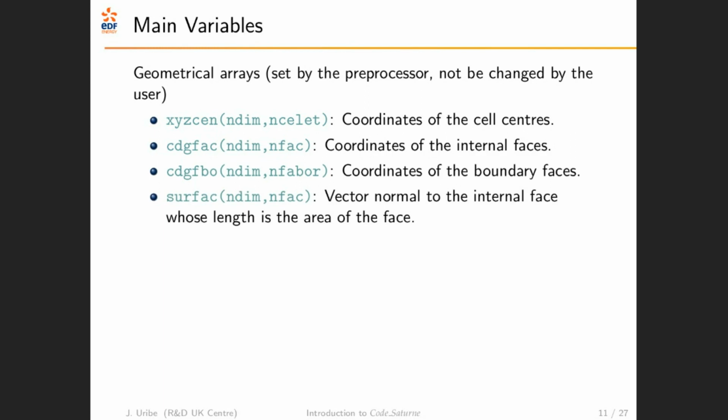Similarly, for the internal faces, annoyingly, it's not XYZ FAC, it's CDG FAC, because that means center of gravity in French. And as I said before, you have one for the internal faces and one for the boundary faces. So these arrays all depend on the number of cells, and of course, the number of faces.